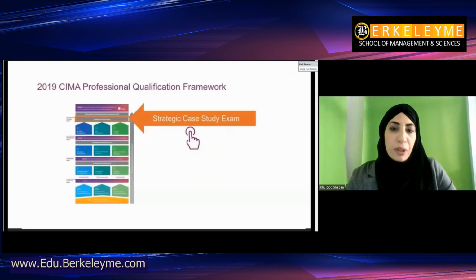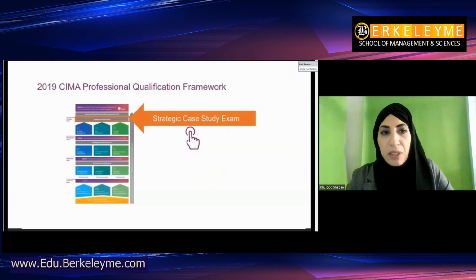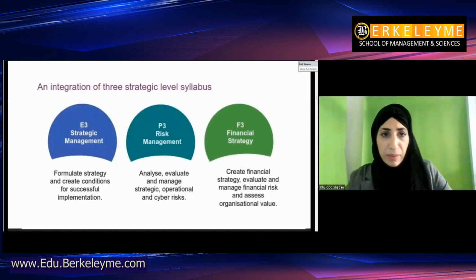So the exam overview, basically the strategic case study, as you must know by now, that is the final exam in the strategic level. So you have actually skipped the foundation level, operation level, management level, and you went straight to the strategic level and the final exam in the strategic level.